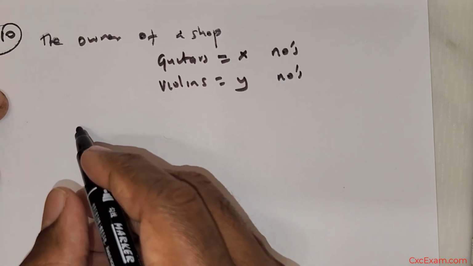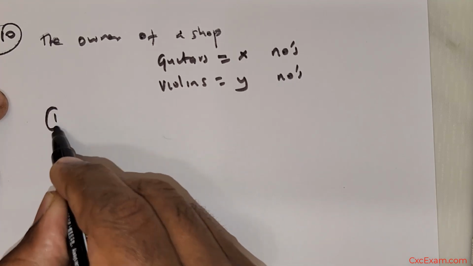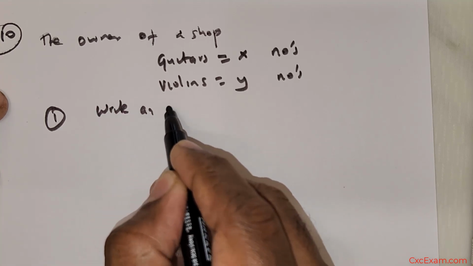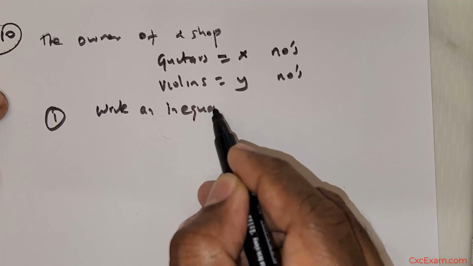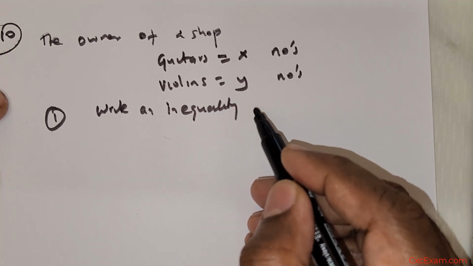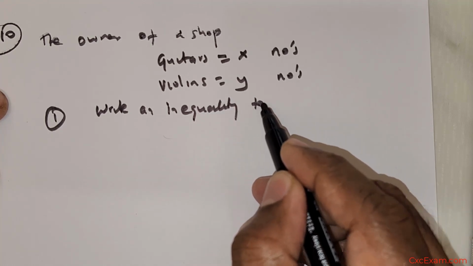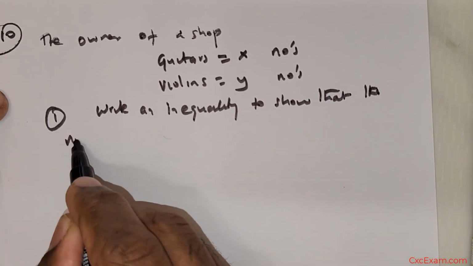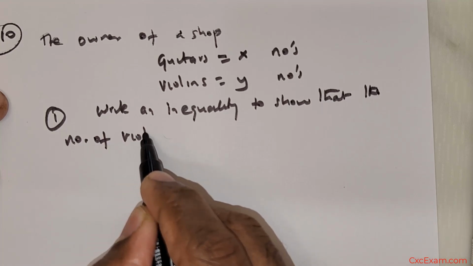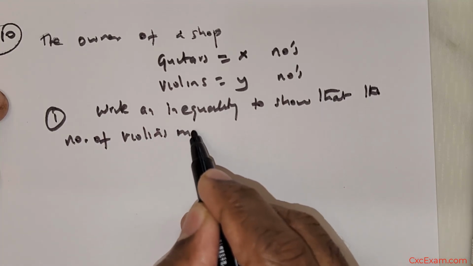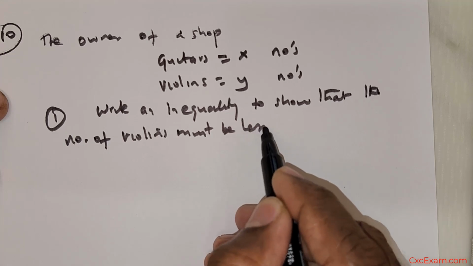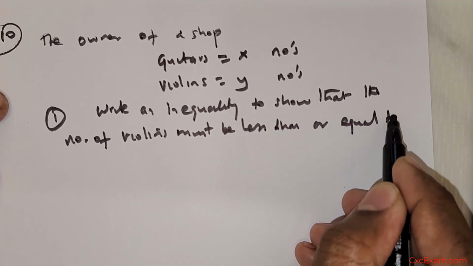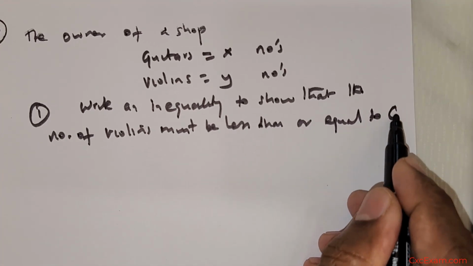Now, what we have to do for the first part is write an inequality to show that the number of violins must be less than or equal to guitars, right?